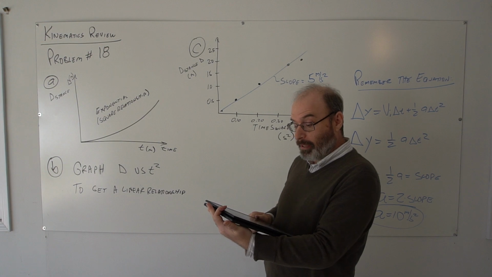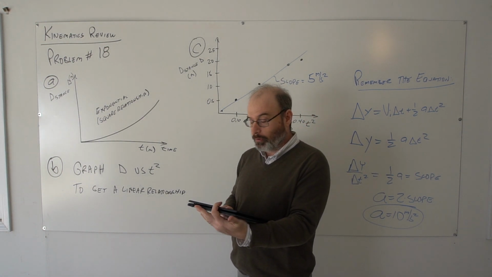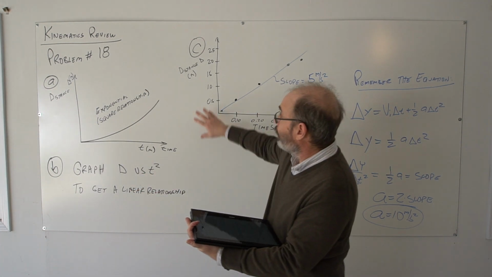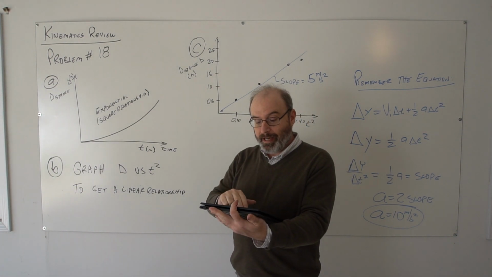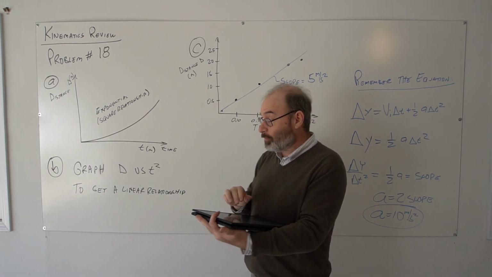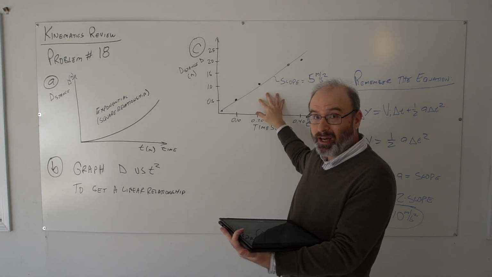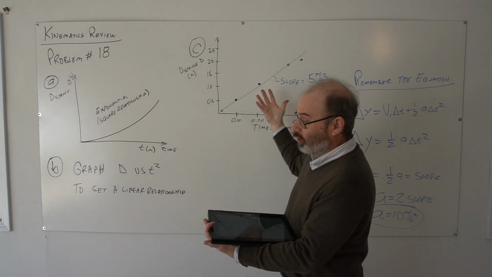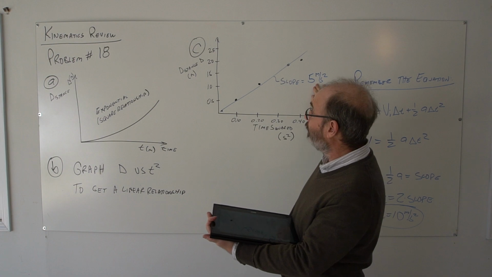In part B, if only variables d and t are used, what quantity should be graphed to produce a linear relationship? d versus t squared. Square all the times in that data table, and then graph distance versus time squared. Then you get a linear relationship like this. I did this on the whiteboard without using graph paper. It's really crude, but I got a slope of about 5 meters per second squared.